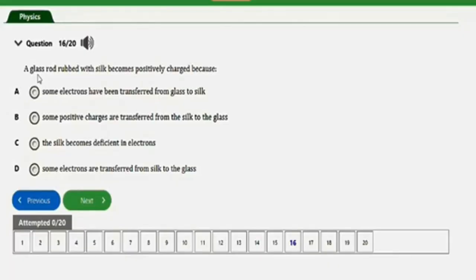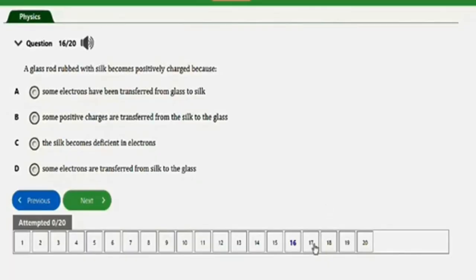Option D, some electrons are transferred from zinc to the glass. Alright, so the correct option to this question, guys, will be option A, which is some electrons have been transferred from glass to zinc. So that's the right option.